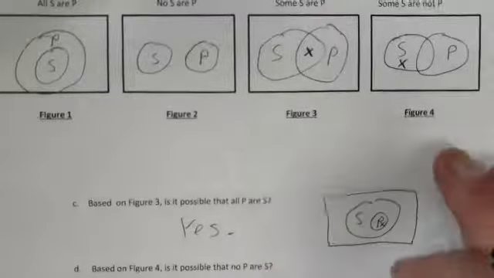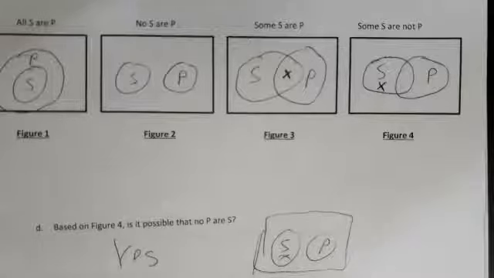And I think I briefly addressed that, but yes, it's possible that these two things are completely disjoint, right? So I know we drew them together, but it's possible that they're completely disjoint. You know, there's an S over here that's not in P.